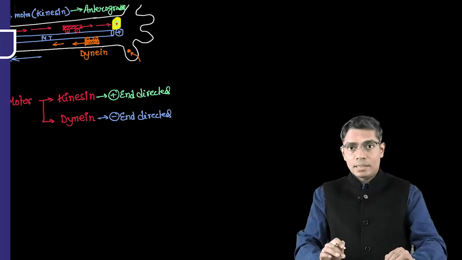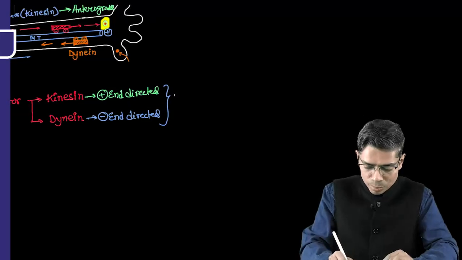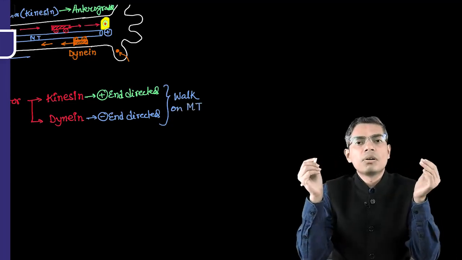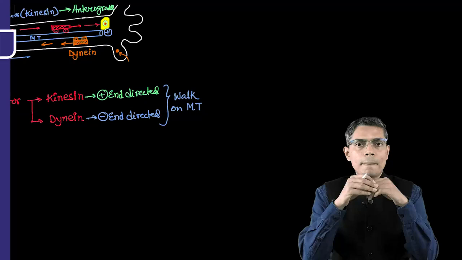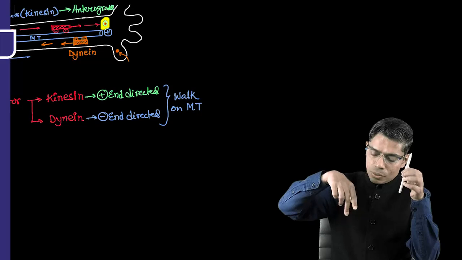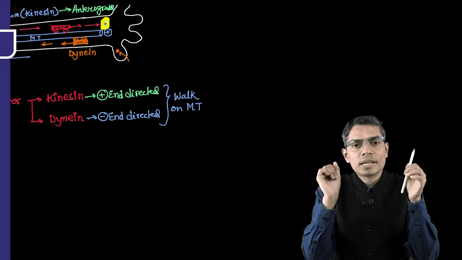Now, the pathway for both kinesin and dynein, we have already discussed that both of them work on microtubules. Why am I using the words work on? Because if you look at the actual movement of these molecules, kinesin and dynein, they work like this. They just work on the surface of this microtubule. There are videos on YouTube, so you can look at that.